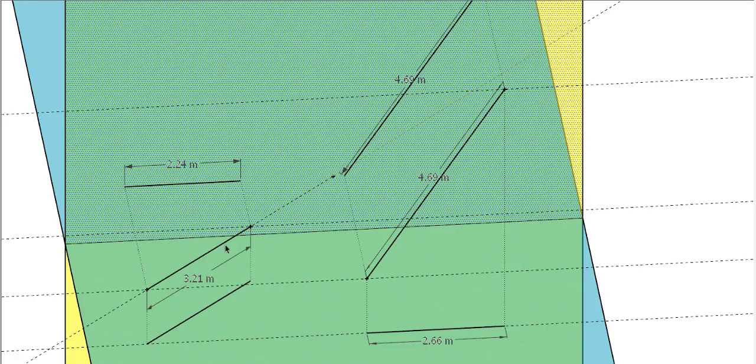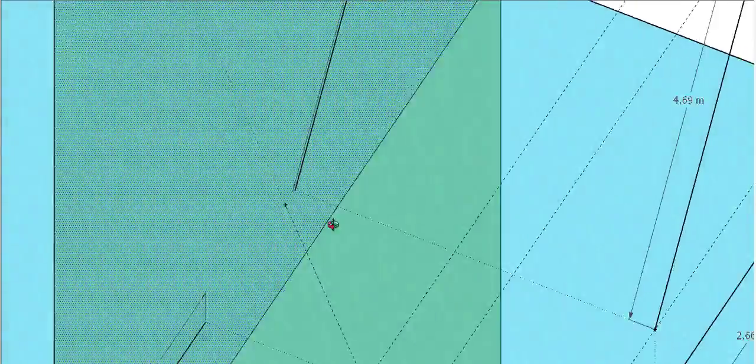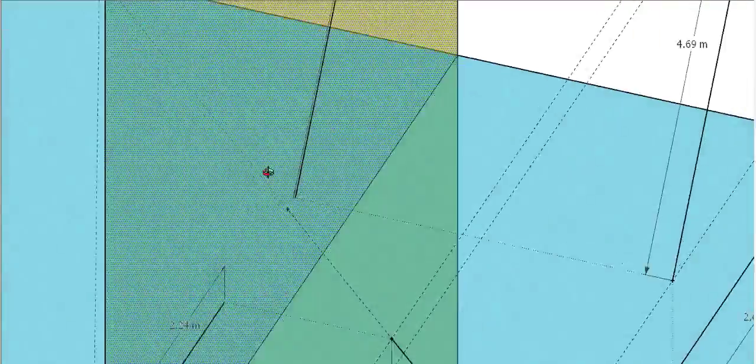You can see I have marked the intersection with a point. This line, which is inclined to the vertical plane, if extended, intersects the vertical plane at a particular point. See this point here. This is actually the vertical trace.